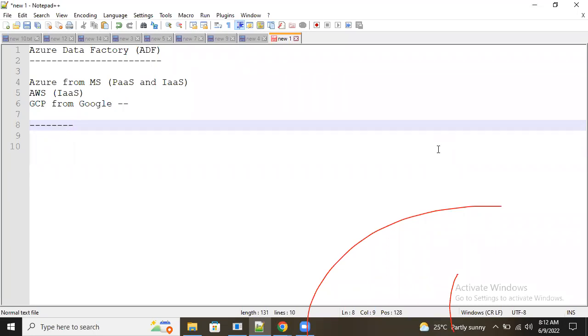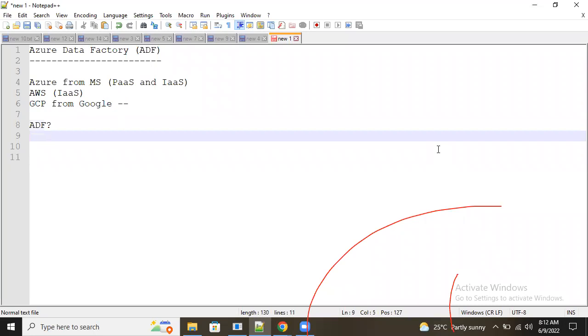Next point. So what is ADF? Can someone answer it? What is ADF? Please don't say Azure Data Factory. ADF is nothing but a cloud ETL, ETL on a cloud. That is our own definition.